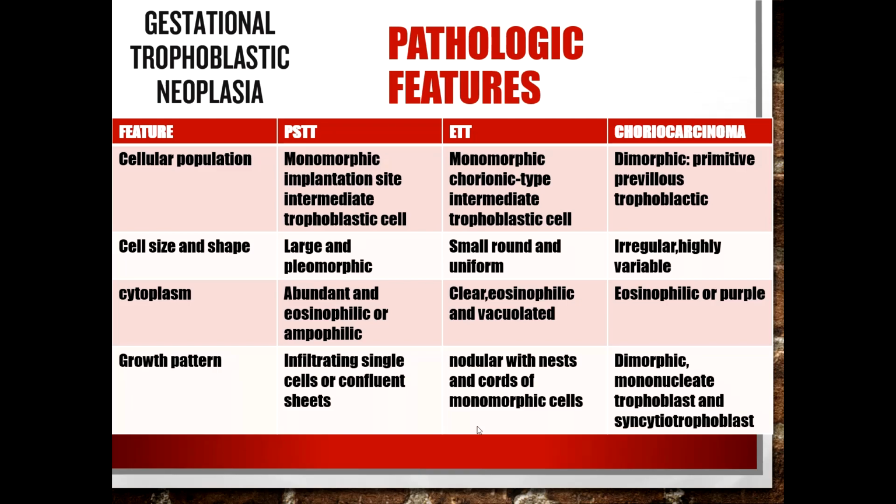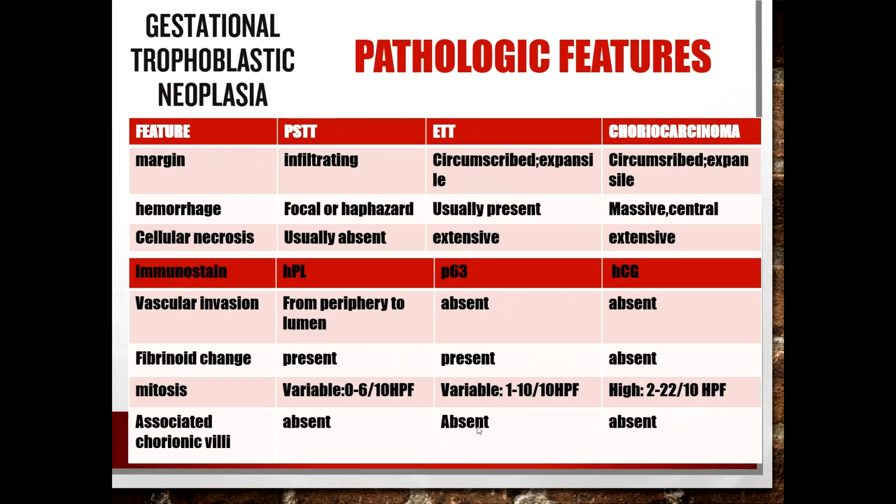You have primitive villous trophoblastic cells, but absent villi. On immunostaining, your PSTT would stain for HPL, while your ETT would stain for P63, and choriocarcinoma for HCG.